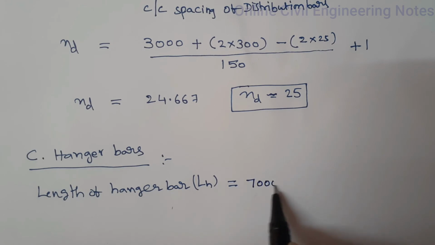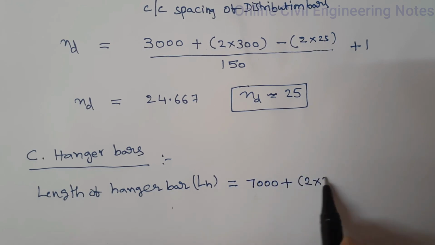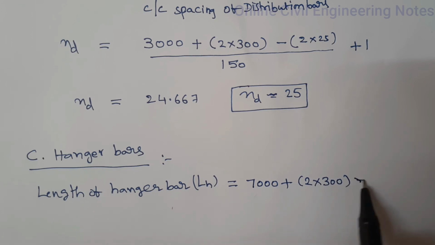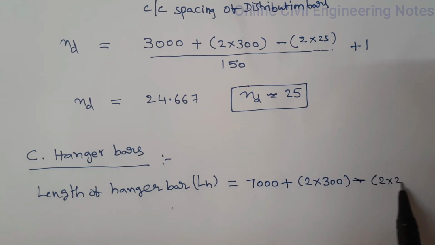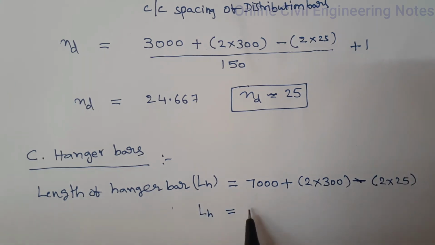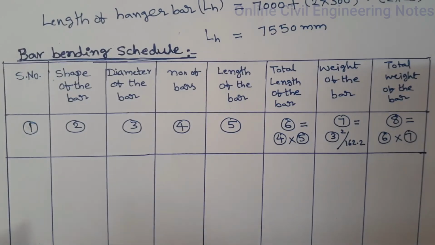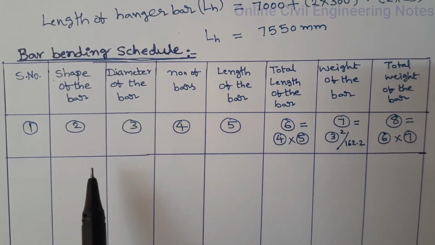So clear span in the longer direction plus 2 into 300 bearing minus 2 into 25 end cover. Therefore LH is equal to 7550 mm.